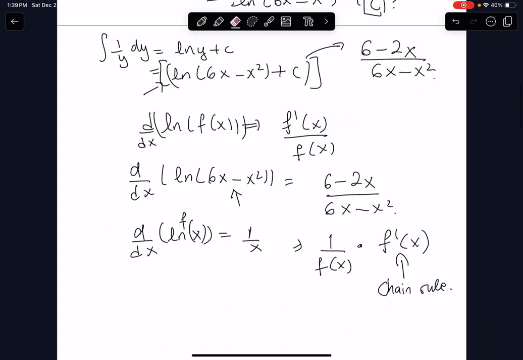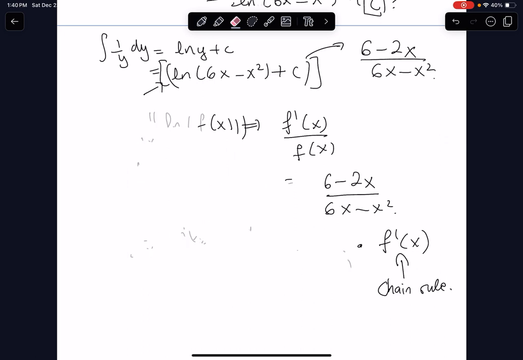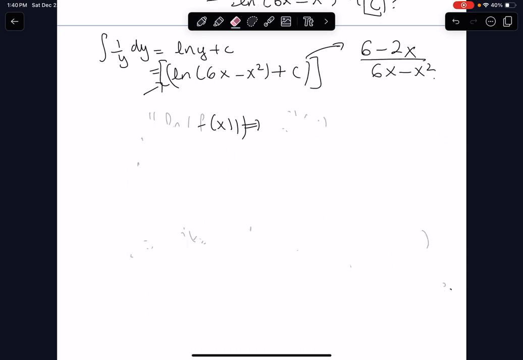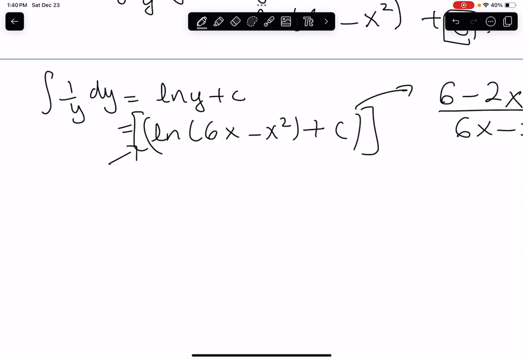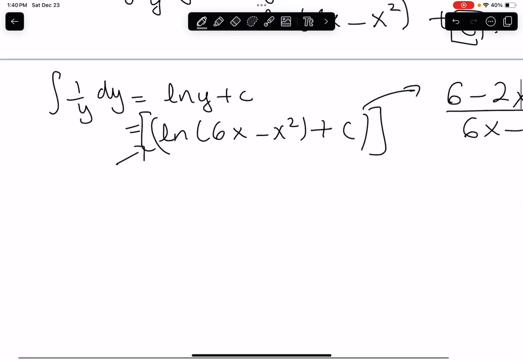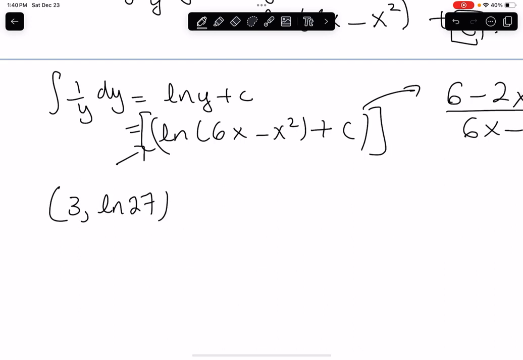Alright, so we know that our integration has come out to be correct, and now we just have to find the constant c. The way you would go about it is that we have been given points already. We know there's a point 3 comma ln of 27, which we saw in part A. So this is the maxima point.